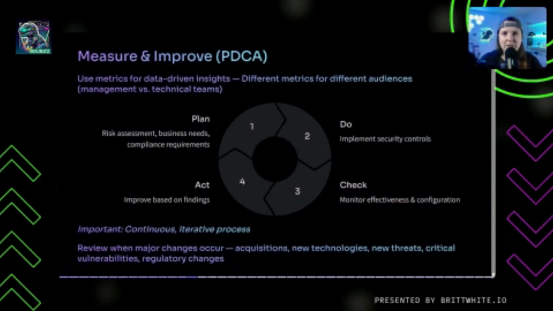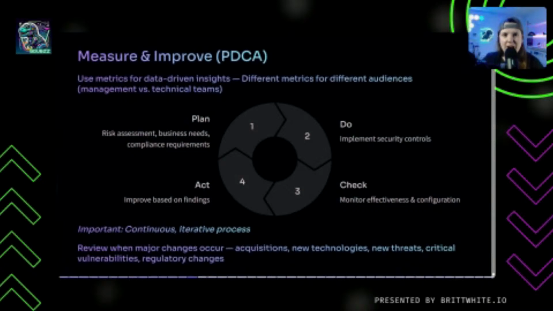We can use various metrics to measure this performance. And finally, based on the check phase findings, we will act by taking action to improve the controls. This could be refining configurations, implementing new controls, or revisiting the initial risk assessment as needed. This action step then feeds back into the plan phase, restarting the cycle of continuous improvement.